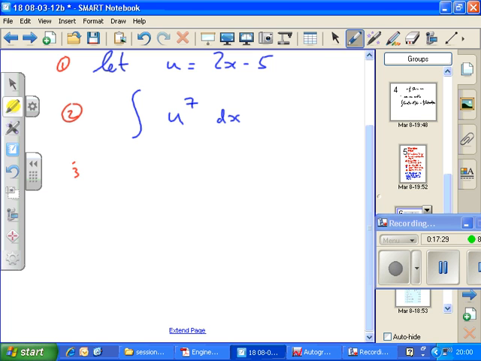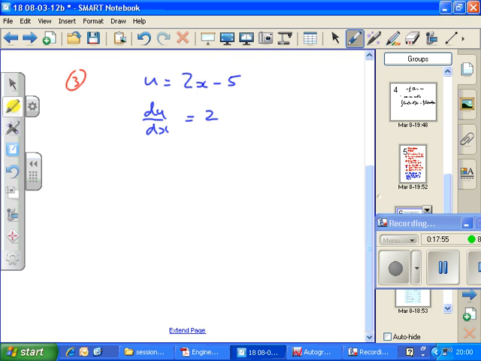Step 3. Differentiate u. So u equals 2x minus 5, so differentiate that, and that's 2. And then I rearrange to give dx.